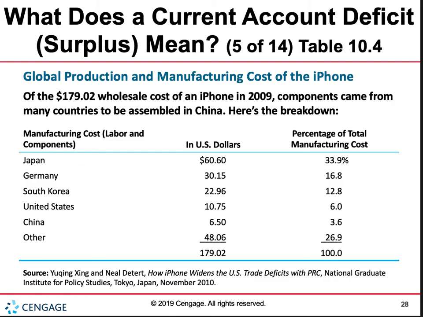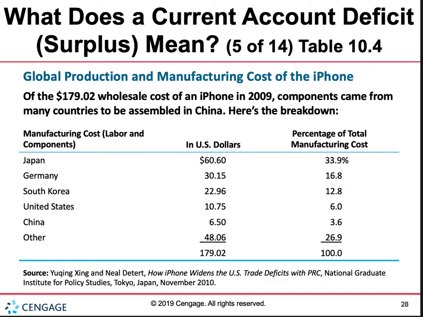All right, so here we have an example. This is the global production and manufacturing cost of the iPhone. Of the $179.02 wholesale cost of an iPhone in 2009, components came from different countries to be assembled in China. So the breakdown is as follows. We have Japan, Germany, South Korea, United States, China, and a couple other countries as other.